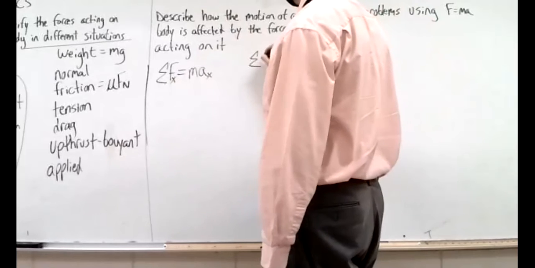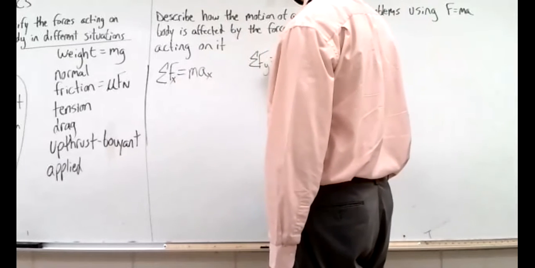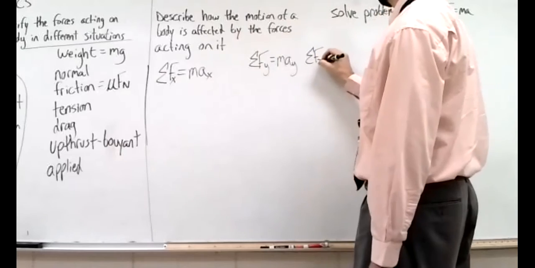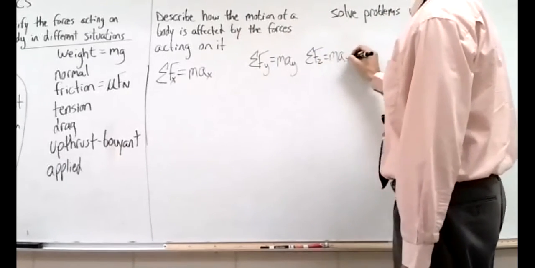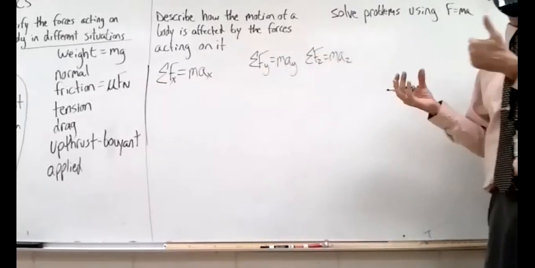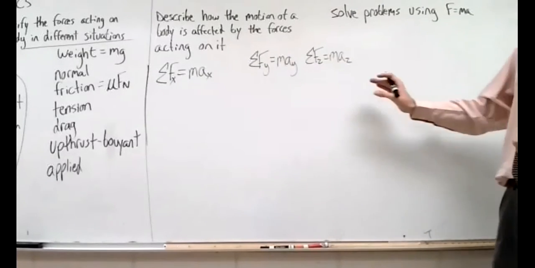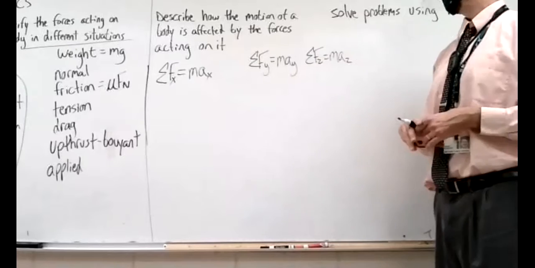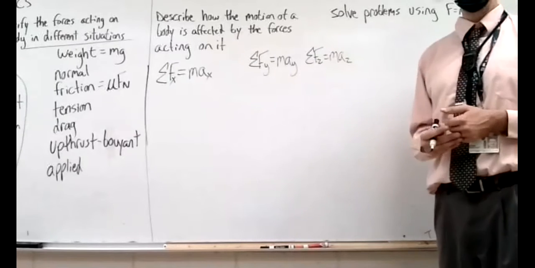And if you do the same thing in other directions, add up all the forces in the x-axis and the y-axis and the z-axis, which we don't usually do in this class, because two-dimensional physics is tough enough, we can add as many dimensions as we need to.